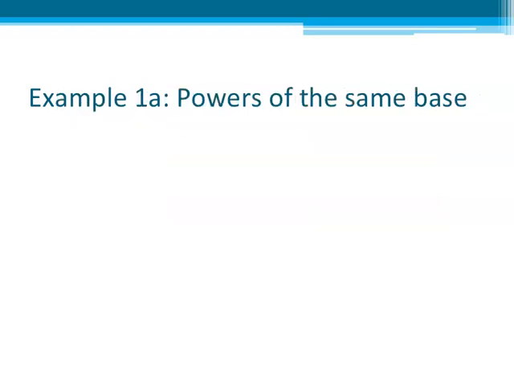So here's an example. Say you have the equation 8 to the x equals 2 to the x plus 1. For this problem, if we can, we want to see if we can write it with the same base. We have 8 to the x and 2 to the x plus 1.